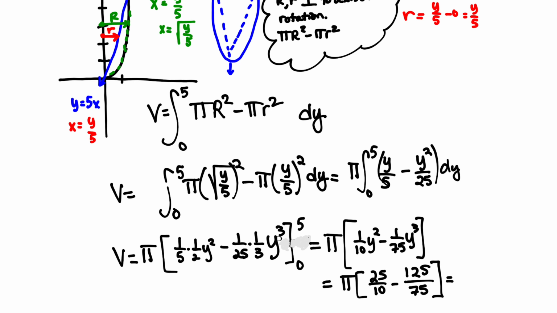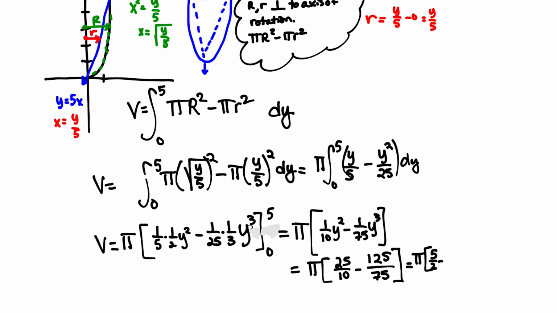Which goes down to 5 halves minus 5 thirds, which really is 5 over 6 pi, if I did it right. Did I do that right? Maybe, maybe not.